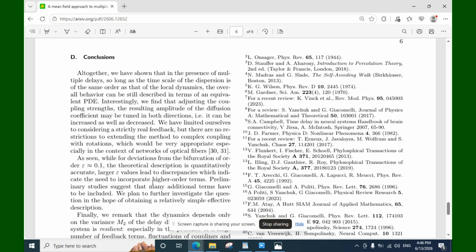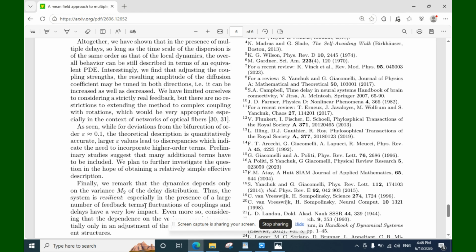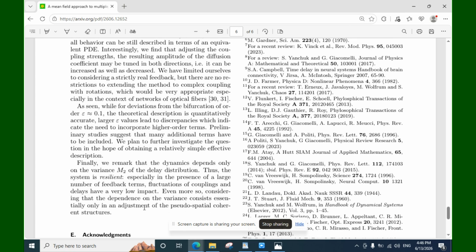Larger epsilon values lead to discrepancies, which indicates the need to incorporate higher-order terms. Preliminary studies suggest that many additional terms have to be included. We plan to further investigate the question in the hope of obtaining a relatively simple effective description.